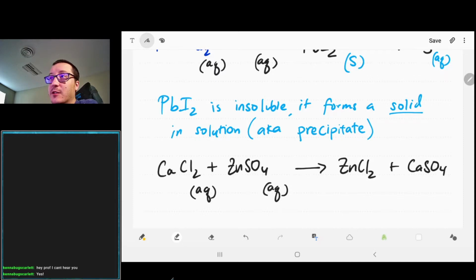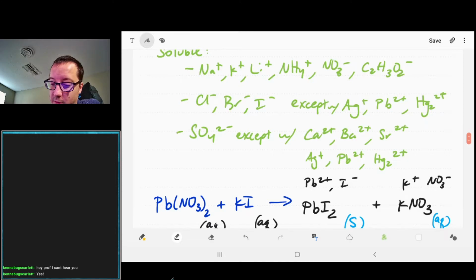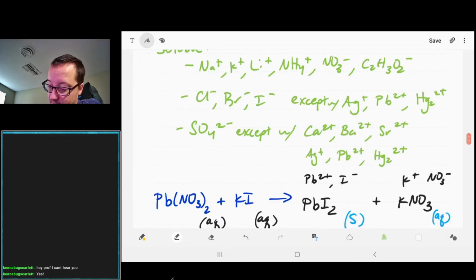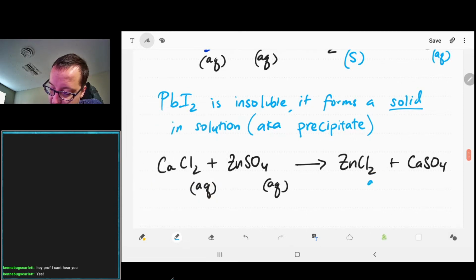And so we want to go ahead and check our solubility rules. We do have aqueous reactants, at least one, so we're good there. Let's check our solubility rules. Our first compound was zinc chloride. Chlorides should be soluble. Zinc is not an exception, so we are expecting that zinc chloride should still be aqueous.